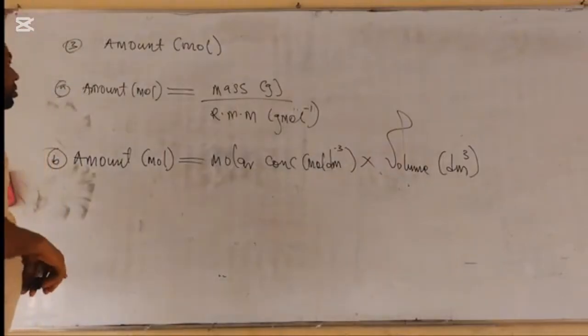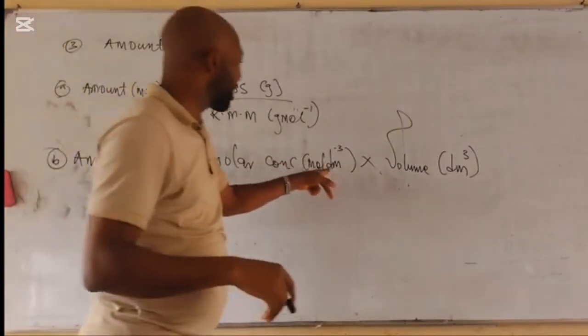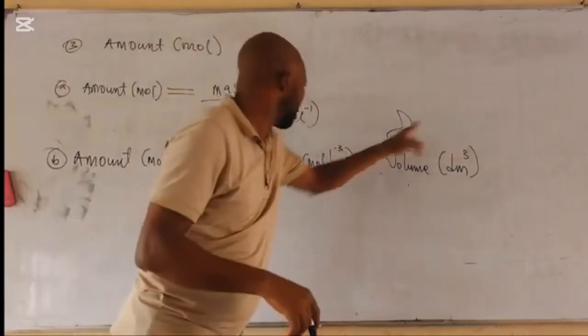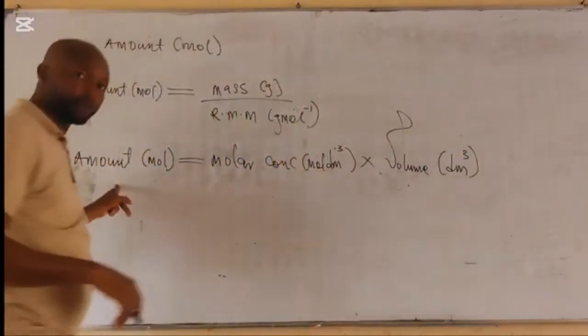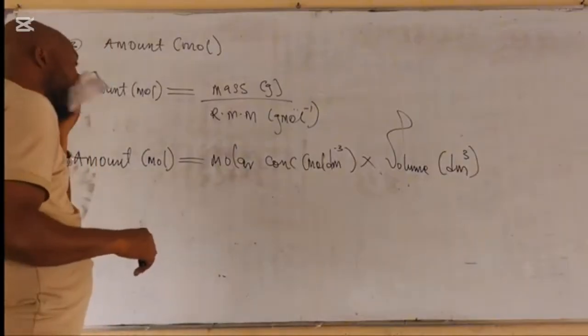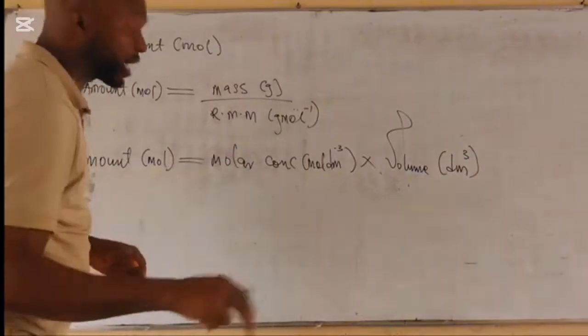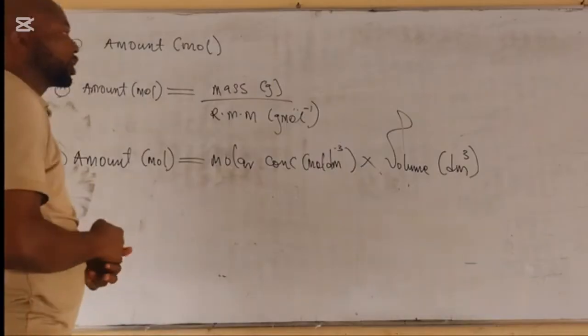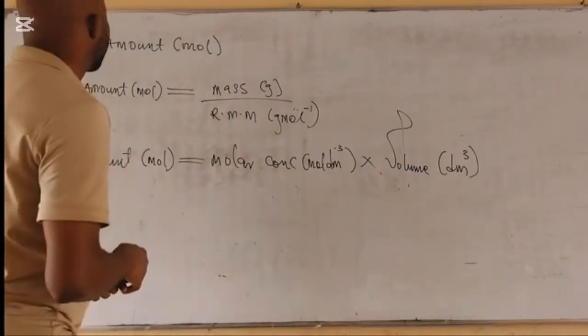So if I strike this and this out, I'll be left with mole for amount. So this is another formula which we can use in our calculations. So we are done with amount.